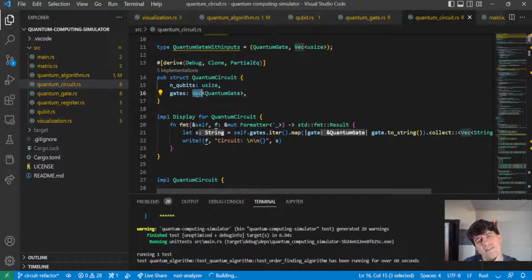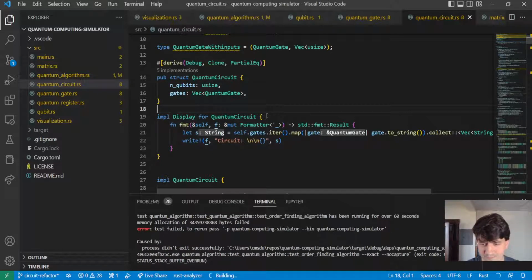But all of these are heap allocated. In fact, there's no vector. It's not even multiple pointers that are pointing to the heap. It's presumably the vector has one pointer that points to the beginning of the heap.